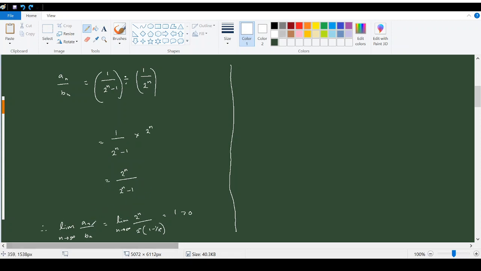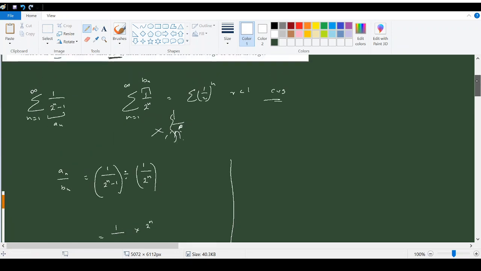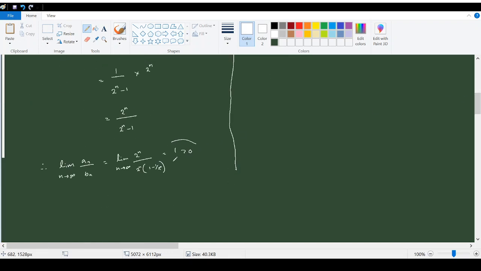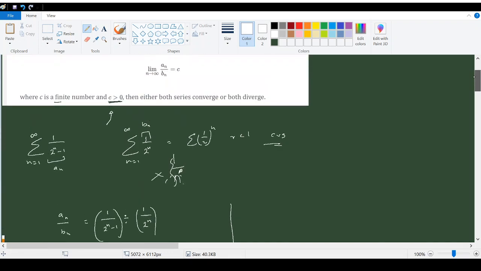So when you take the limit, it will be equal to 1. The only requirement is that the limit should be greater than 0, not greater than 1 or anything like that. Here the only requirement is for the limit to be greater than 0 only. Accordingly we have a limit that satisfies our requirements.